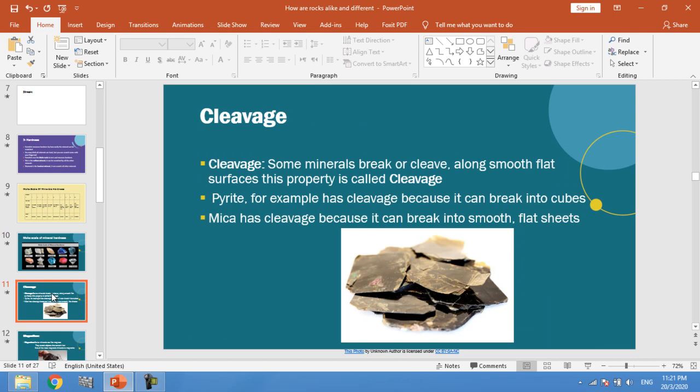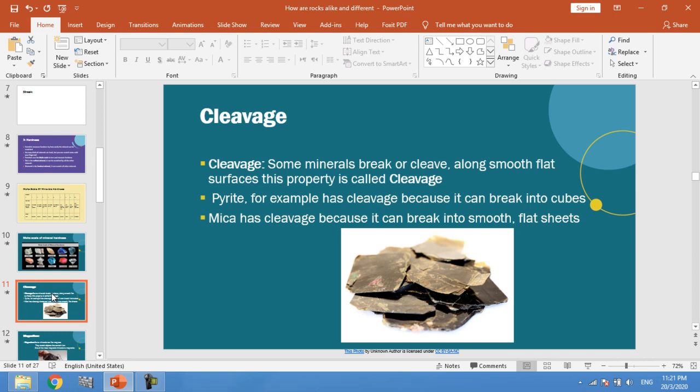Okay, another property we have is cleavage. What is cleavage? Cleavage is the tendency of a mineral to split or break along definite structure.